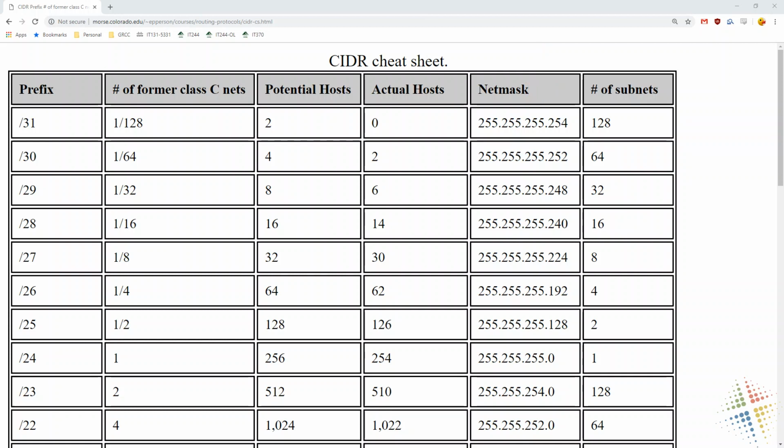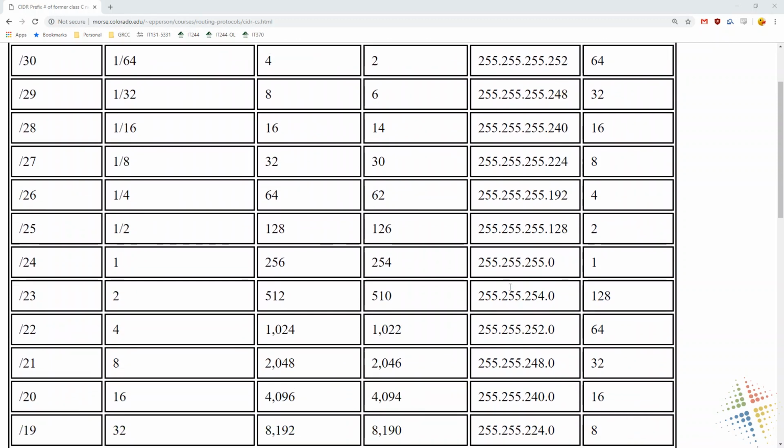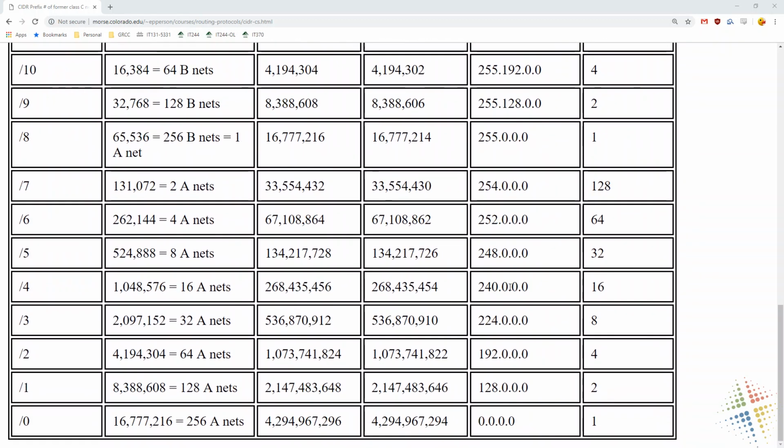Okay, so this introduction has gone a whole lot further than I necessarily expected. However, CIDR, classless inter-domain routing, came about because the classful routing that was originally designed was just super inefficient. It turned out that people needed networks that supported 2 hosts, or 60-something hosts, or 1,000 hosts, or if I keep scrolling down on this cheat sheet, 4 billion?